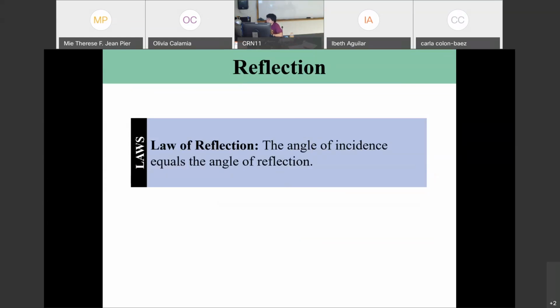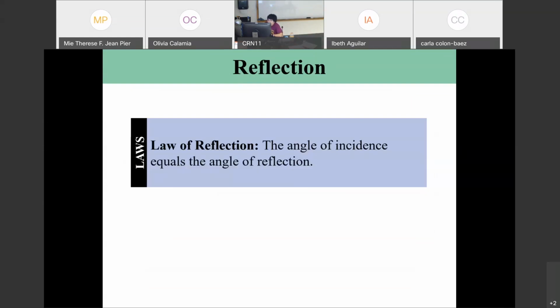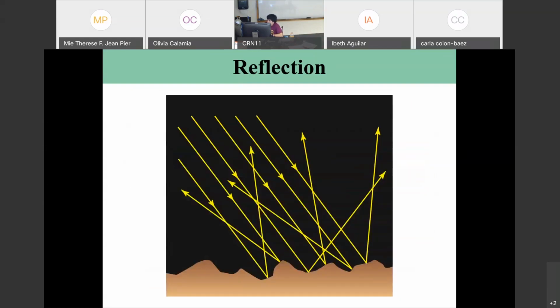But is this always the case? No. You can have reflection on the ground, on the floor, on the pavement. Like that. Diffuse reflection. It's for non-smooth surfaces. The law of reflection still applies, but the rays will encounter segments of irregular surface oriented at different angles.